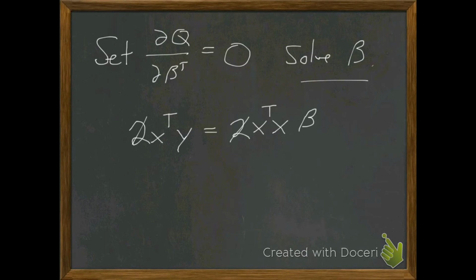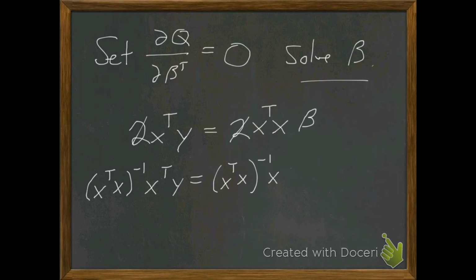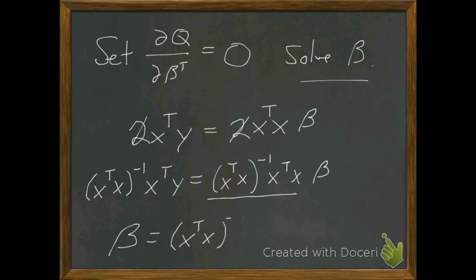So if we multiply both sides by x transpose x inverse, x transpose x inverse x transpose x beta, cool things happen right there, which at the end of the day says that our beta can be found by taking x transpose x inverse x transpose y.